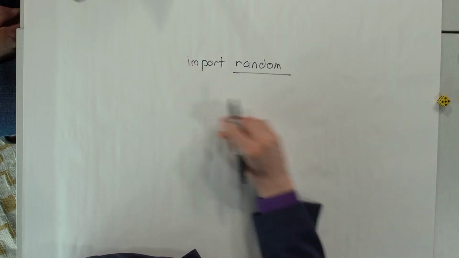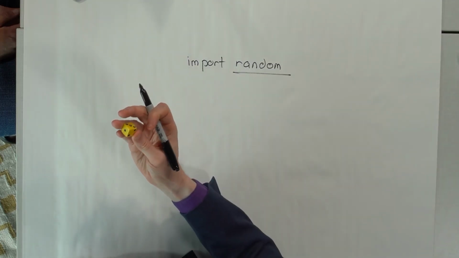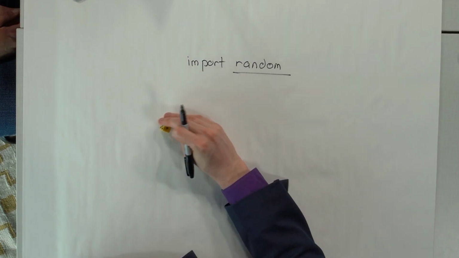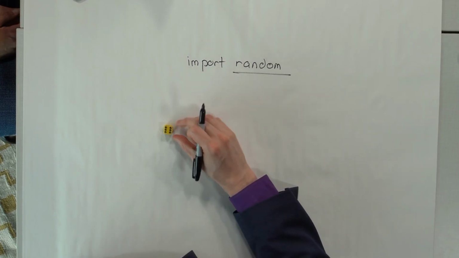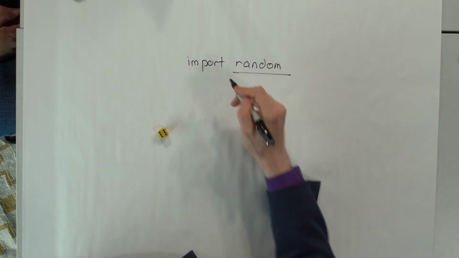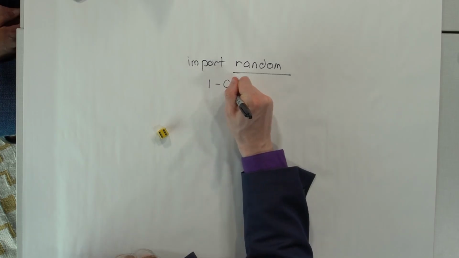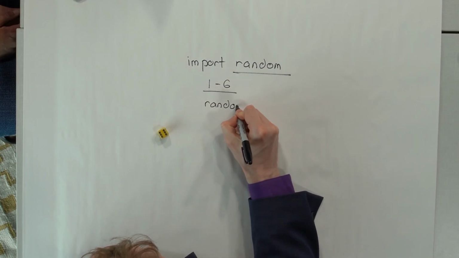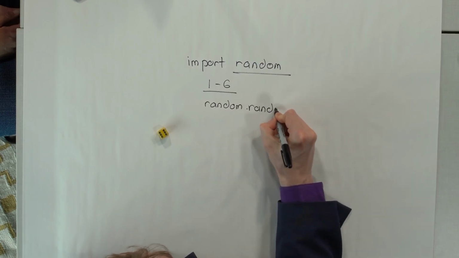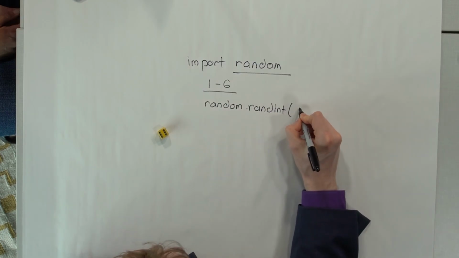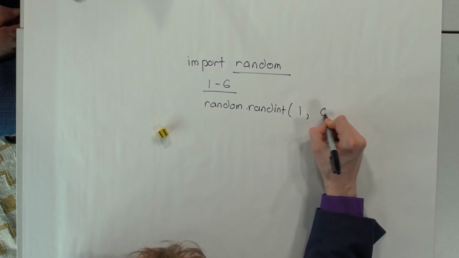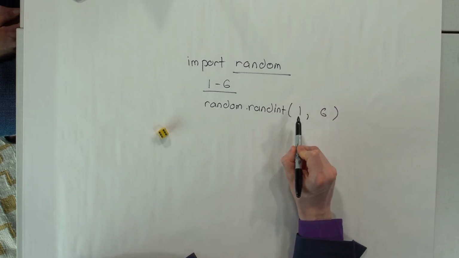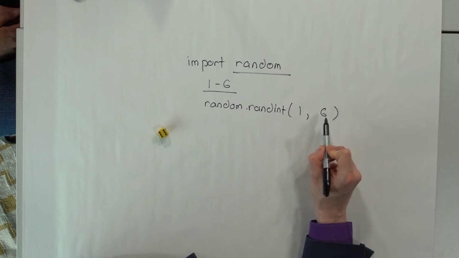So if I want a random number to simulate this dice, for example, the lowest possible value I could get is a 1, and the highest possible value I can get is a 6. So to randomize a range between 1 and 6, including both 1 and 6, we can do random.randint. Then open parentheses and put the minimum value and the maximum value that we want to randomize. So this will give us a random number that includes 1, 2, 3, 4, 5, or 6.